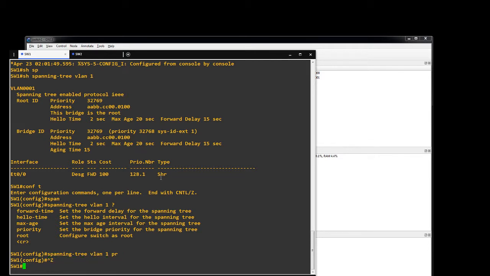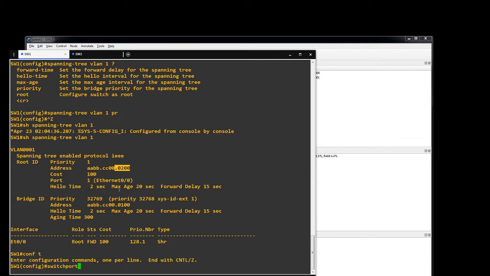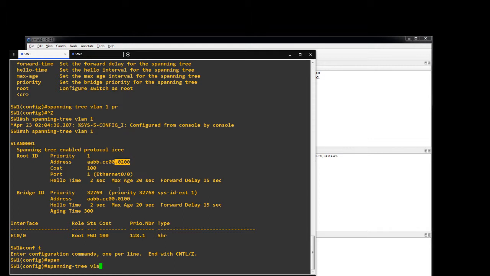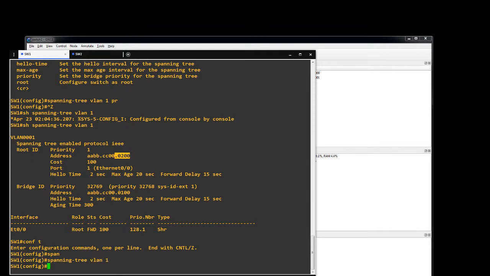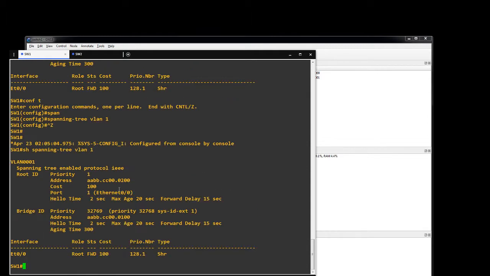So if we get back out of here and check this again, we're going to find out that it's actually the other bridge that's the root now. The 0200, this is the root because we went and changed its priority to 0. But now we're going to change this side to 0 as well. That's going to make this side become root again. We still think 200's the root.